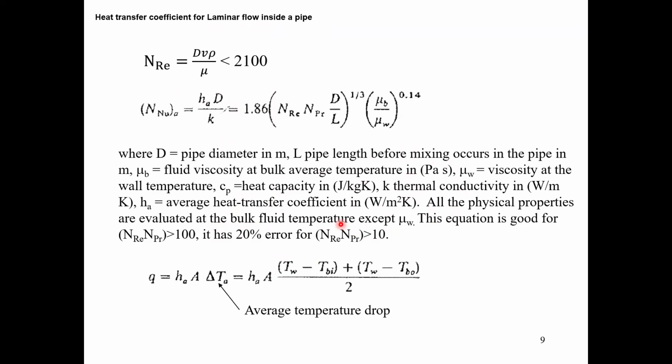And again, from your momentum transfer, you should know that for a flow to be considered laminar, Reynolds number should be less than 2100. So this equation applies only when it's laminar flow.